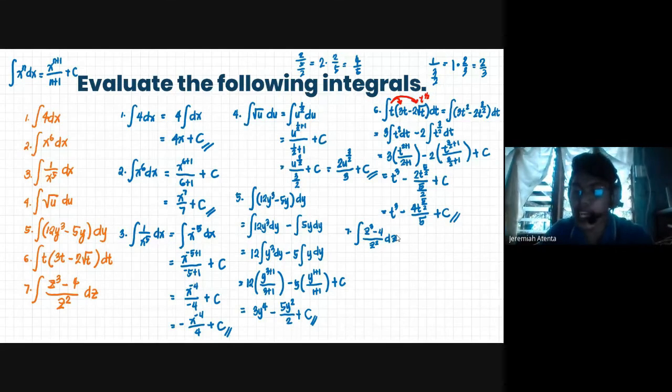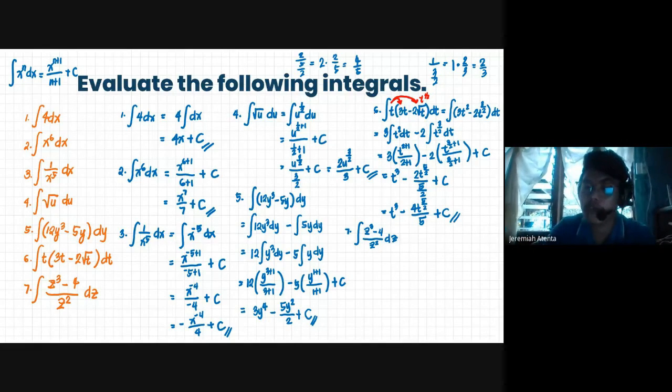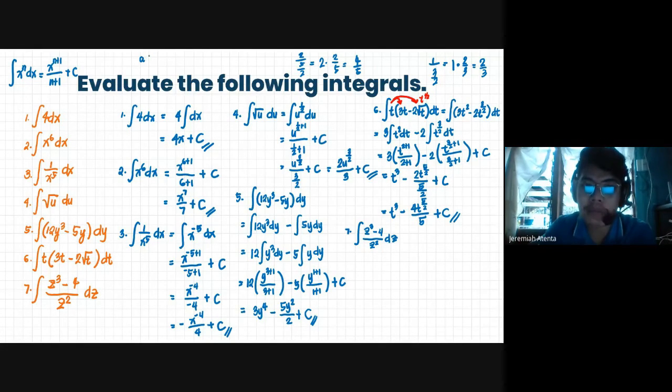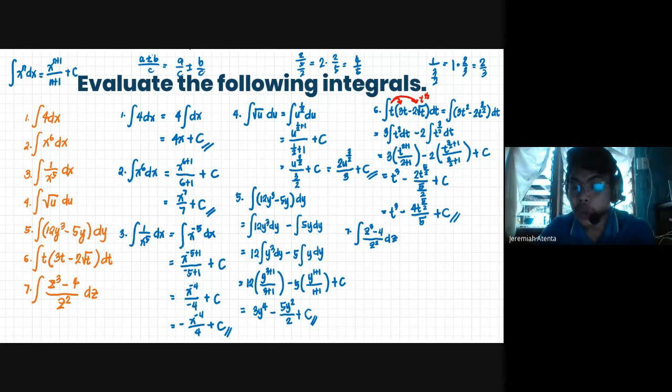Okay, sige, let's check. Now, in this case, we don't have any theorem for the quotient, right? So therefore, but take note, we have this property. If you have a plus minus b over c, you can actually distribute the denominator to both terms. So you have a over c plus minus b over c, right?